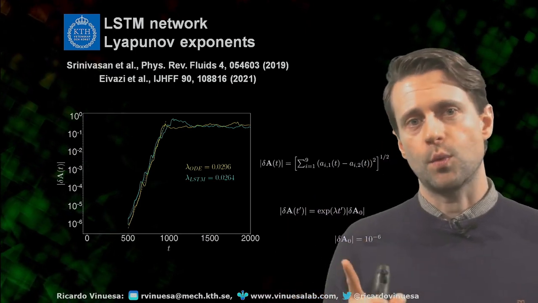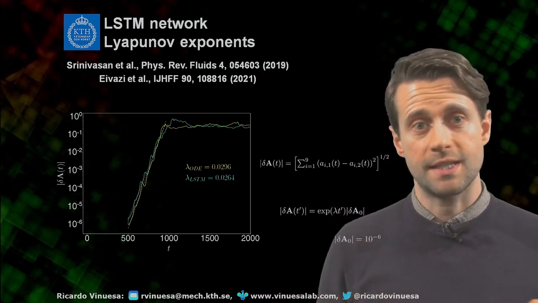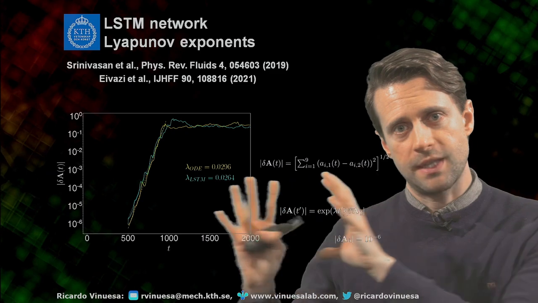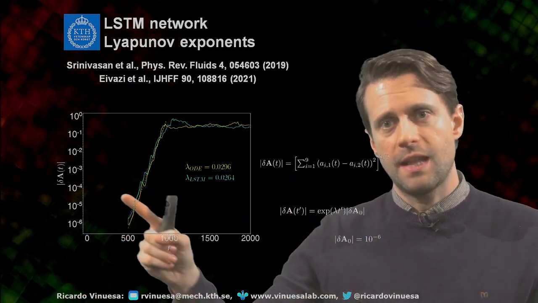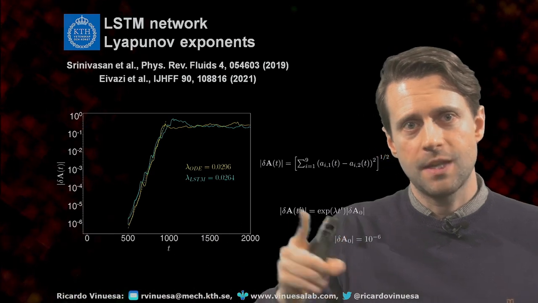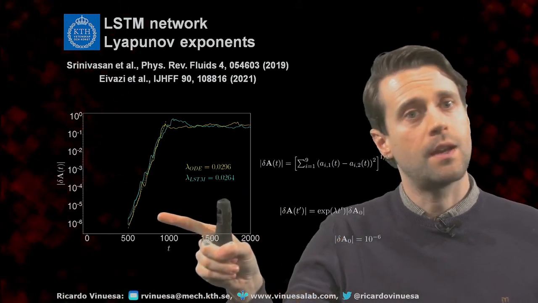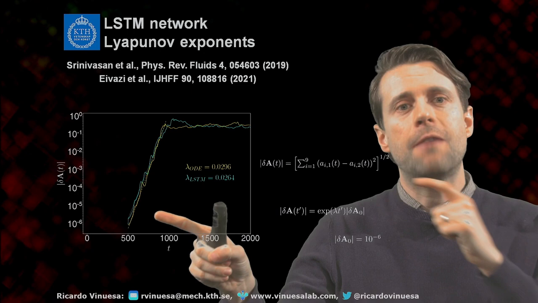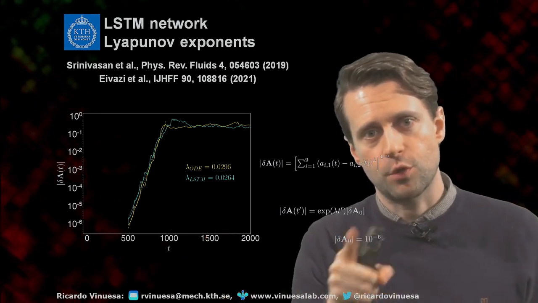And we did that with the original system of ODEs. So what we do in this figure is measure the deviation with respect to the original trajectory as a function of time for the original data, the reference data, and for the LSTM with the same perturbation.